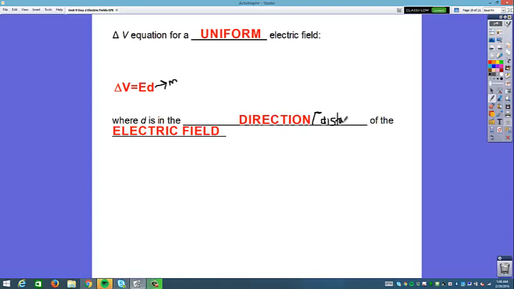And then V is your potential, measured in volts still. Okay, so just another equation that you can use to solve for your uniform electric field. Again, it has to be a uniform electric field.